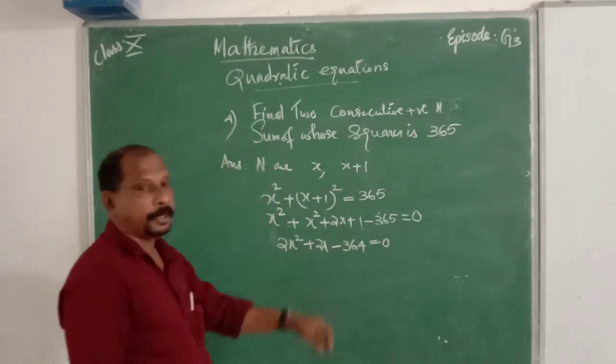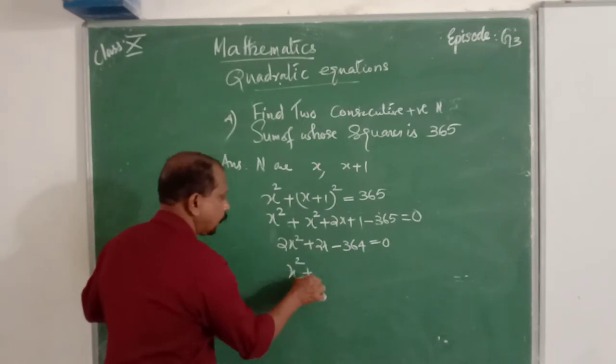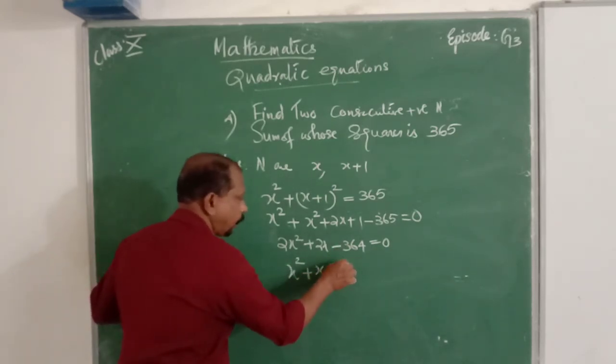These are even numbers, therefore dividing by 2.